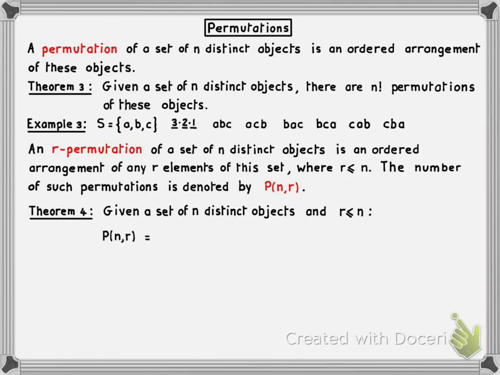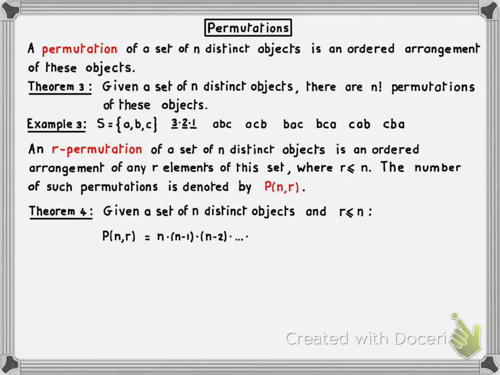And the theorem states that P(n,r) is equal to n, because you have n choices for the first element in the arrangement. And then you have n minus 1 choices for the next position. So you multiply the 2. Then you have n minus 2 choices for the next position, and so on.